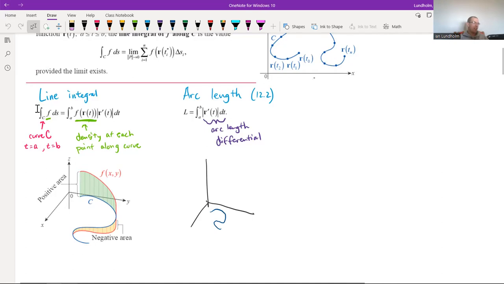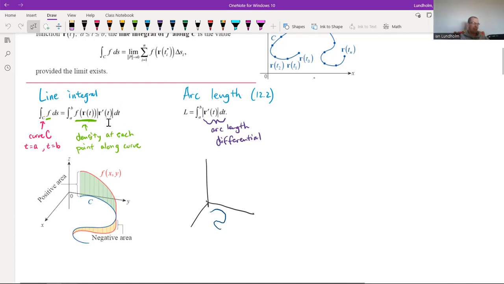To look back at the notation, a line integral might be given to us by integral with a c at the bottom. That just means curve. F is the function that's giving us our height, and ds is the arc length differential that would travel along the curve. In practical terms, we are going to parameterize everything in terms of t, so that ds becomes the magnitude of r prime of t dt.